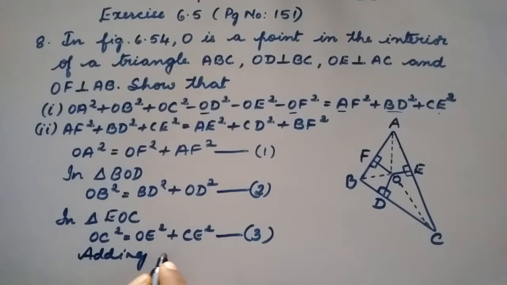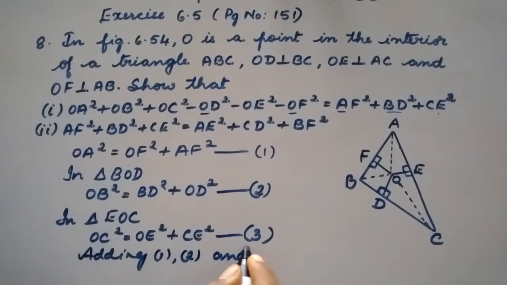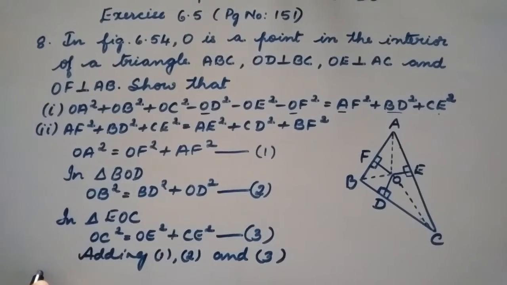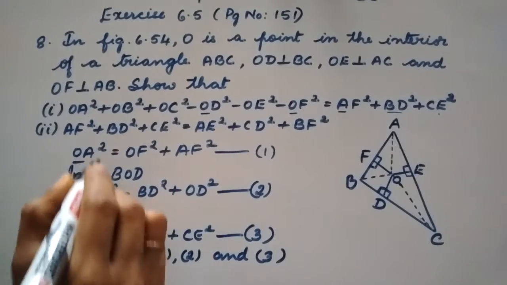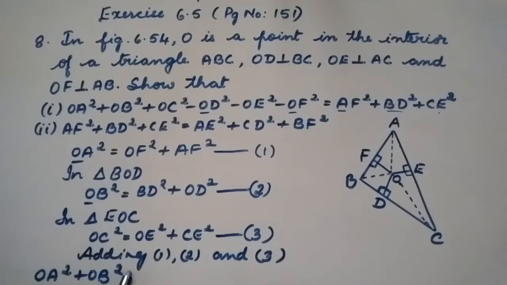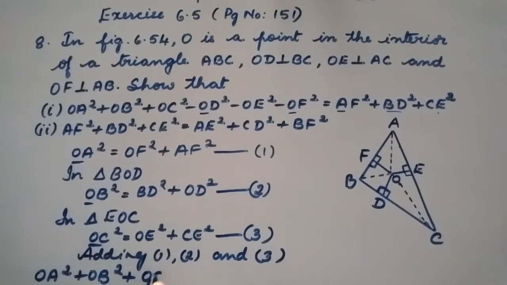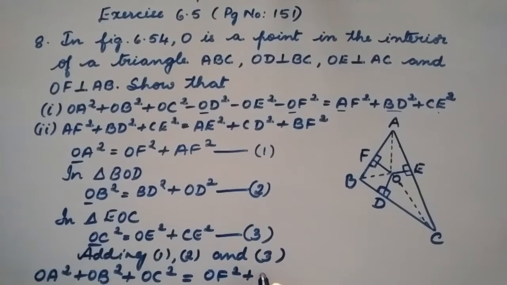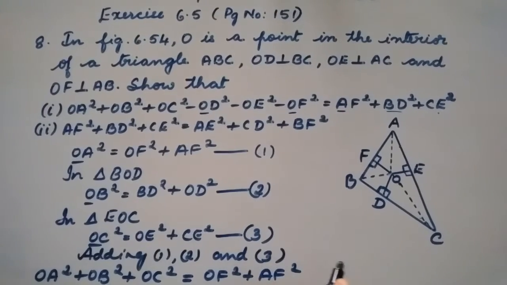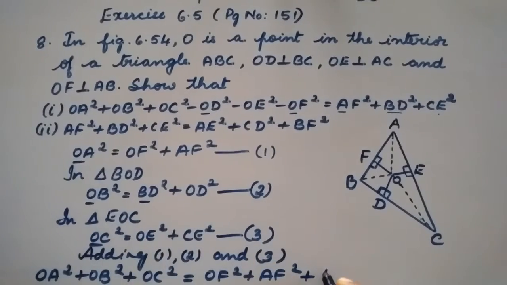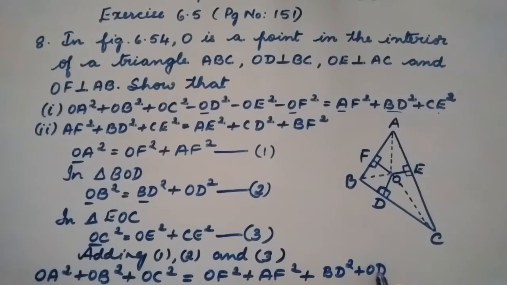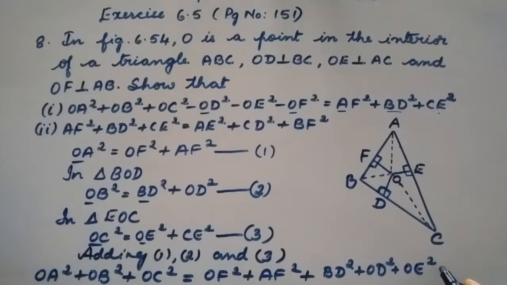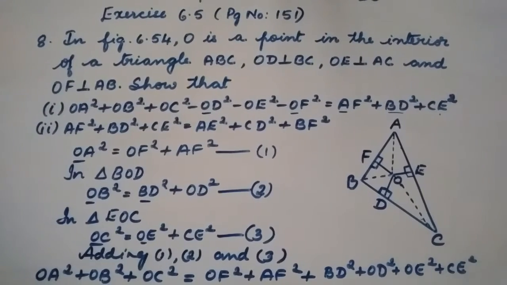Adding 1, 2 and 3, we get OA square plus OB square plus OC square is equal to OF square plus AF square plus BD square plus OD square plus OE square plus CE square.